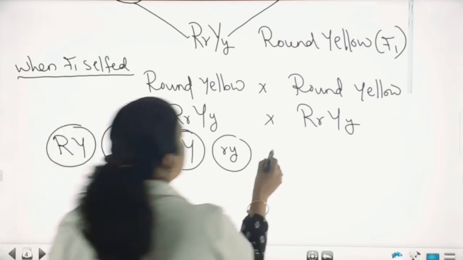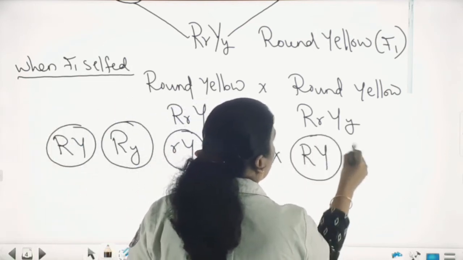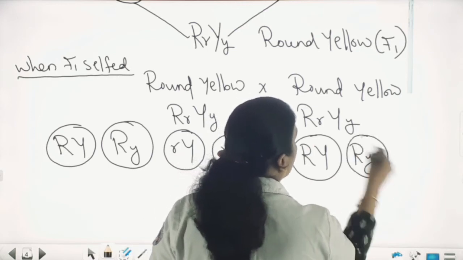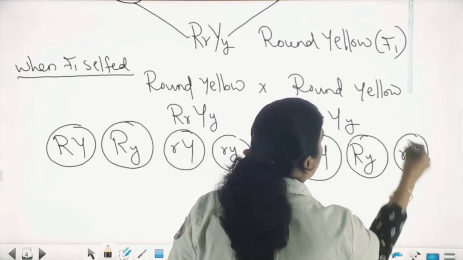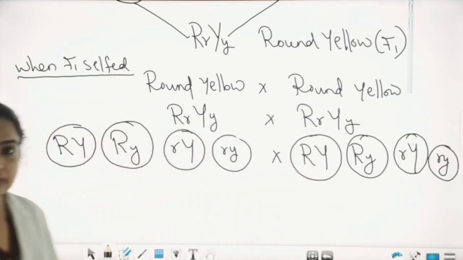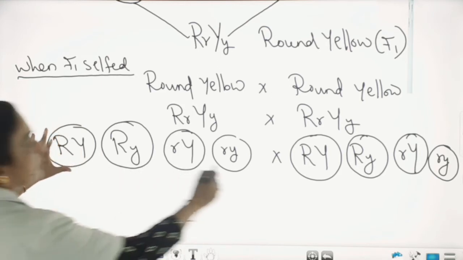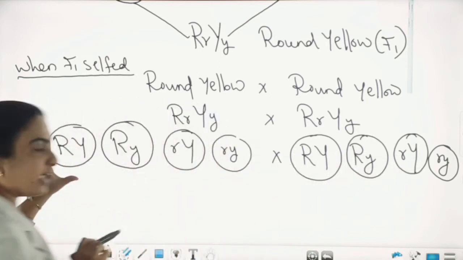The same gametes are produced by the second parent: capital R, capital Y; capital R, small y; small r, capital Y; and small r, small y. So clear? Normally we are doing this by taking these gametes and crossing them with these 4 gametes.